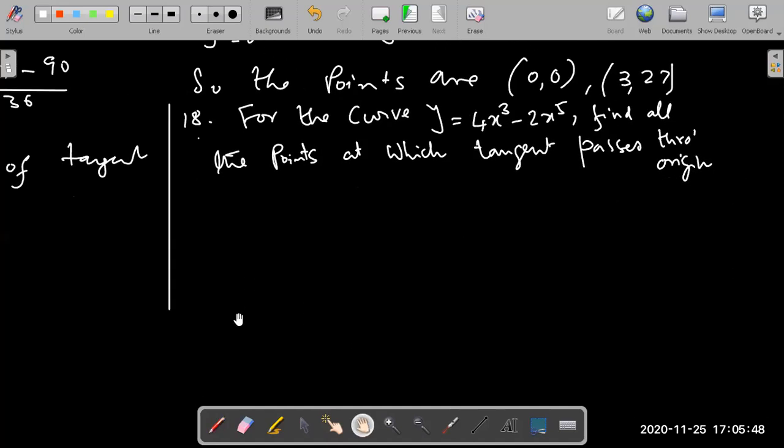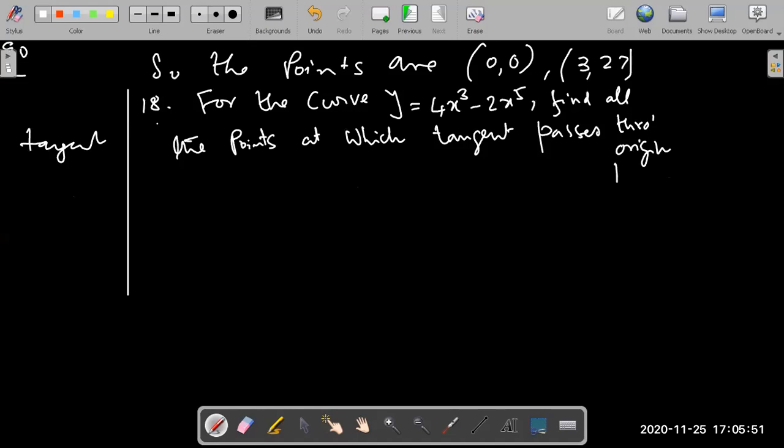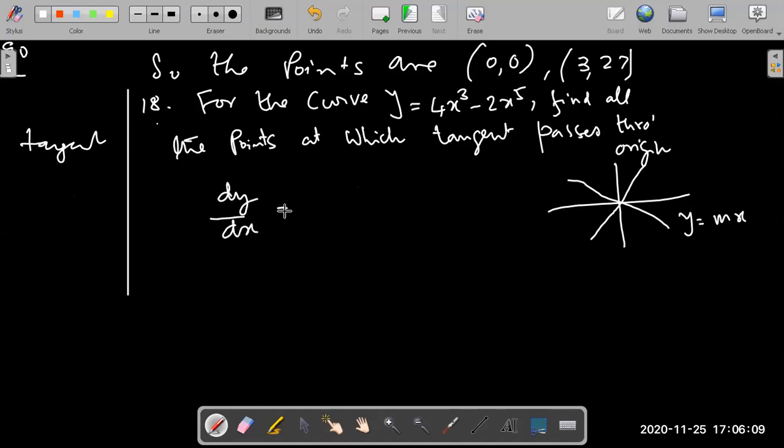So when a line passes through origin, this way or this way, whichever way, the equation will be y is equal to mx. M can be plus 1 or minus 1. C is not there. So now we need to find out the tangent: dy by dx equal to 12x squared minus 10x to the power of 4.